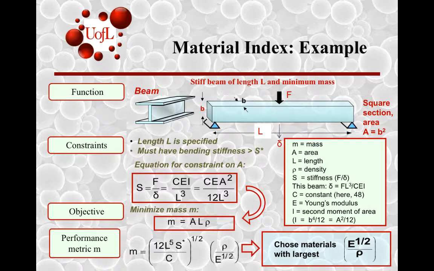And so you end up choosing materials with the largest E raised to half divided by rho. There's a reason for choosing a maximizing function as opposed to minimizing function, as in the case of minimizing mass over here. And we will visit that during module 2.